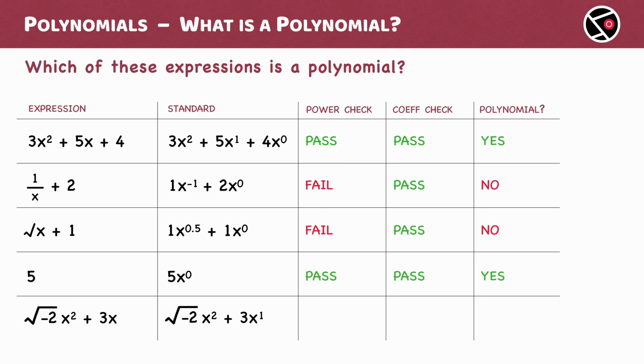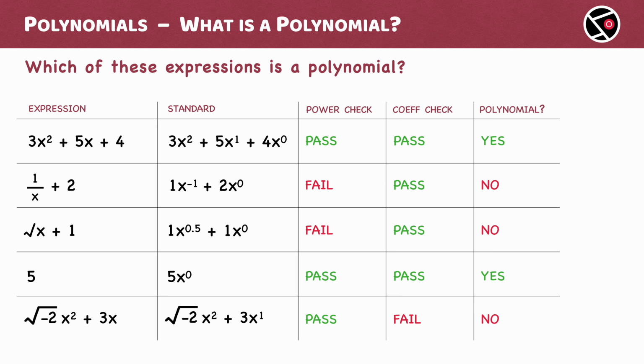The powers of x are 2 and 1, both whole numbers. So Rule 1 is satisfied. The coefficient of x square is square root of minus 2, which is not a real number. So, Rule 2 is not satisfied, and this expression is not a polynomial.